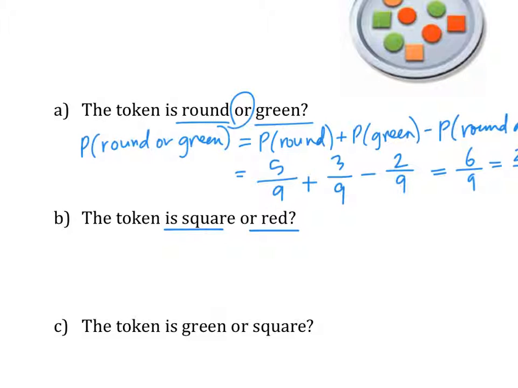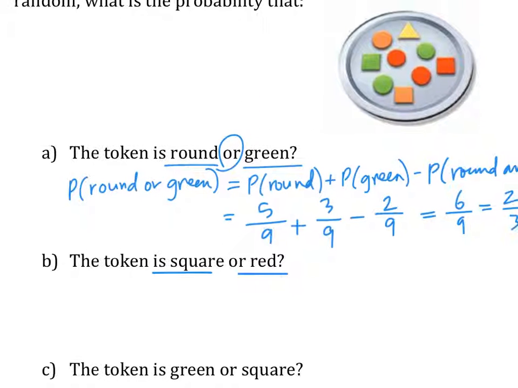Square or red, is that mutually exclusive or not? No, they can happen at the same time. Okay, so the probability of getting a square is 3 out of 9. The probability of getting a red is 3 out of 9 as well, minus the one that is a square and red at the same time, which is 1 out of 9. So that is 5 out of 9.